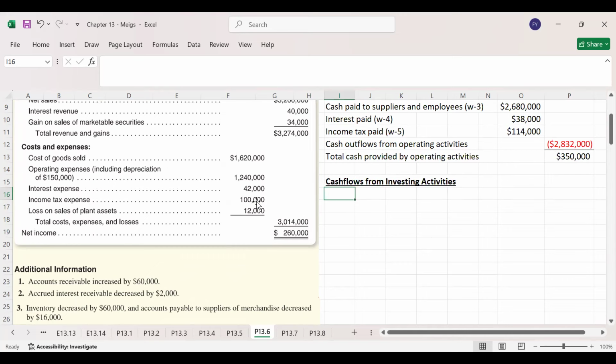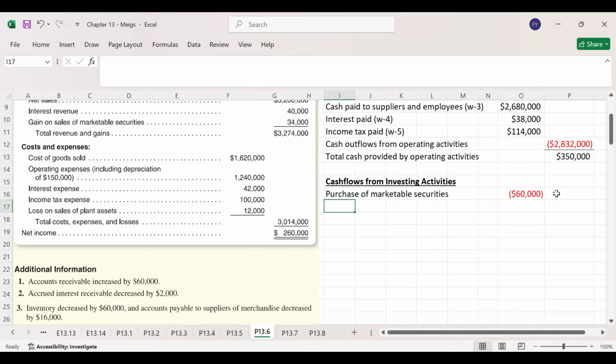So we have purchase of marketable securities, and whenever we purchase any security, the cash is deducted from the total amount. Here we have marketable securities with a negative sign because we are purchasing an asset, so we are paying cash.